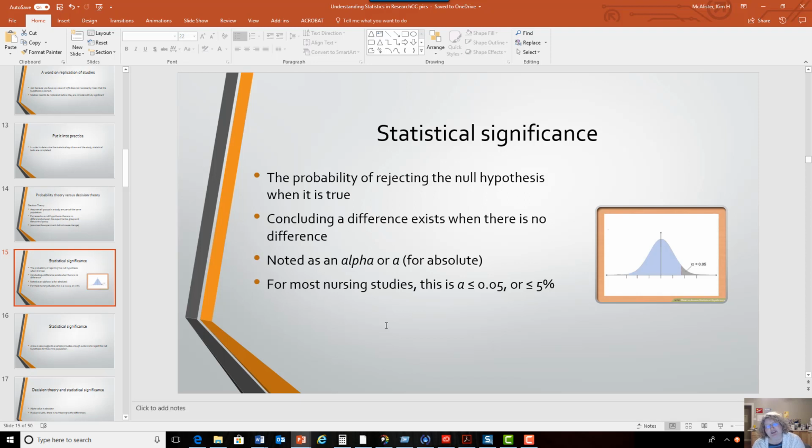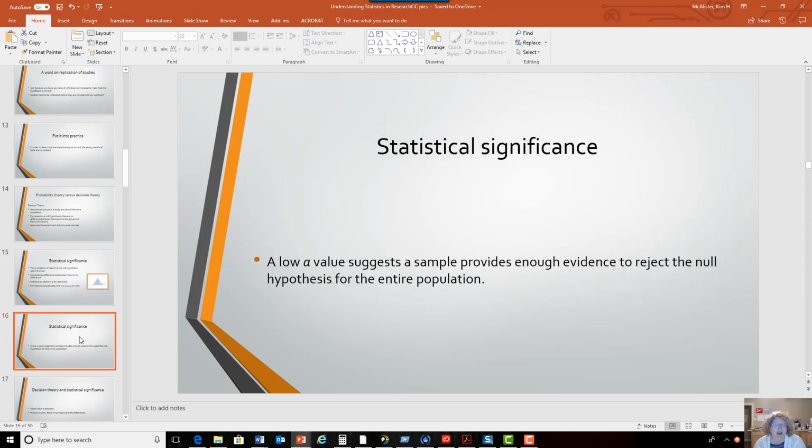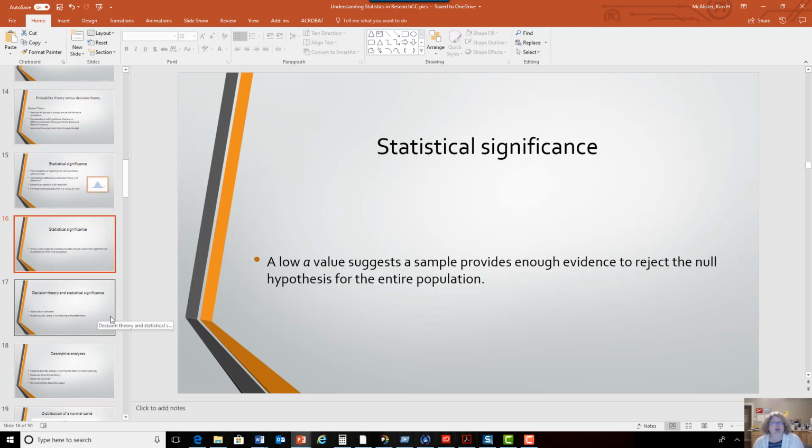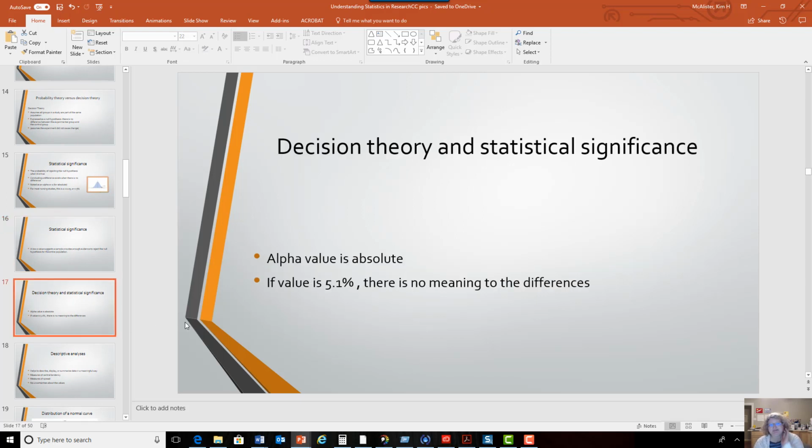For the purposes of nursing studies, this is usually 0.05 or 5%, less than or equal to 5%. The lower the alpha value, the more it suggests that the sample provides enough evidence to reject the null hypothesis for the entire population. So the lower it goes, the more likely it is that you can reject it for everyone.